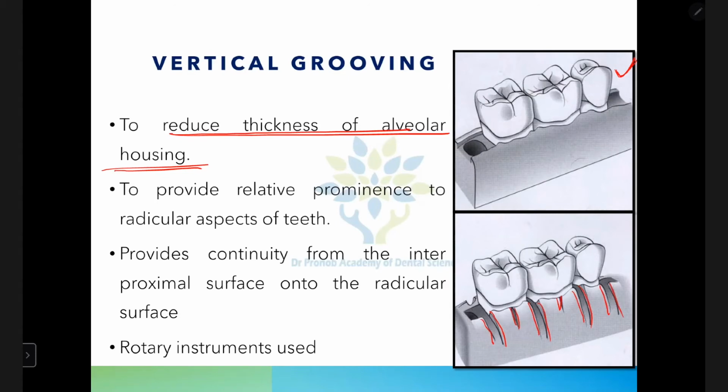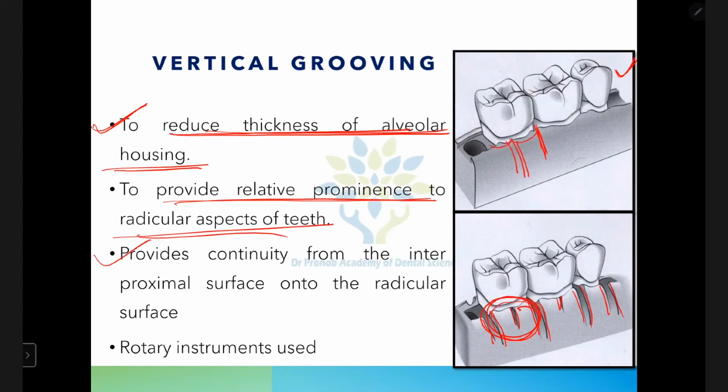Vertical grooving is done in order to reduce the thickness of the alveolar housing, to provide the prominence to the radicular aspects of the teeth, and to provide a continuity from the radicular portion to the interproximal portion.